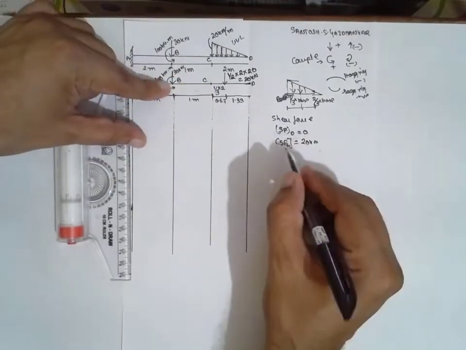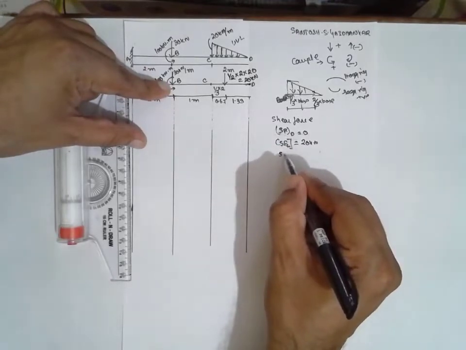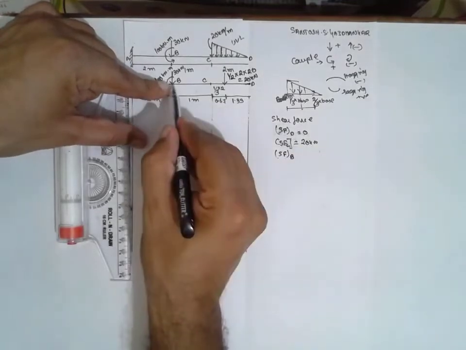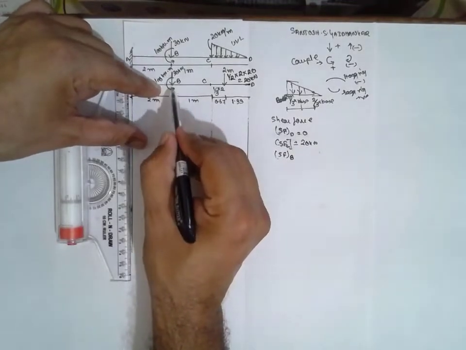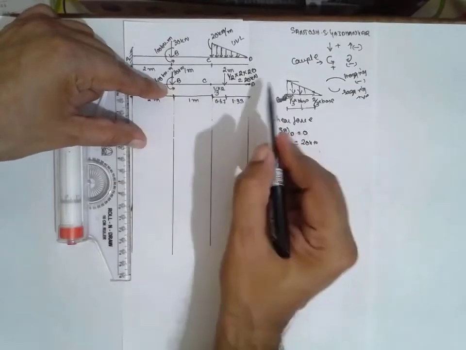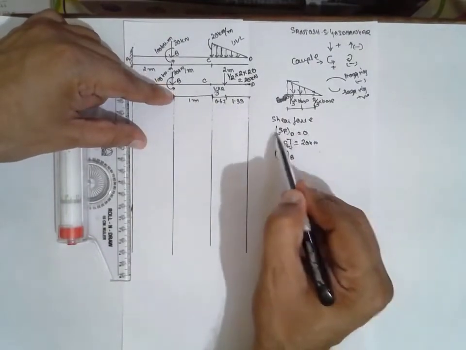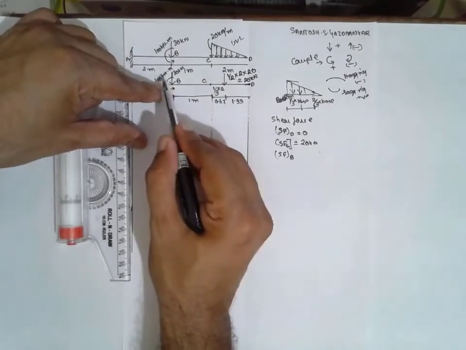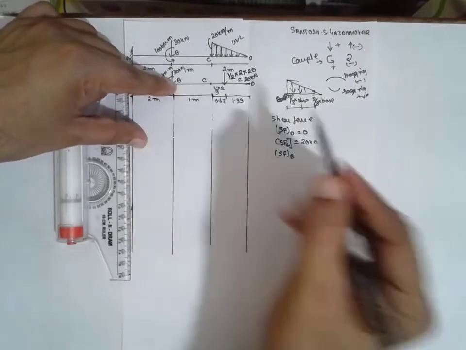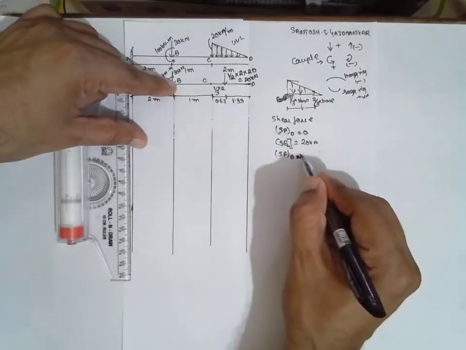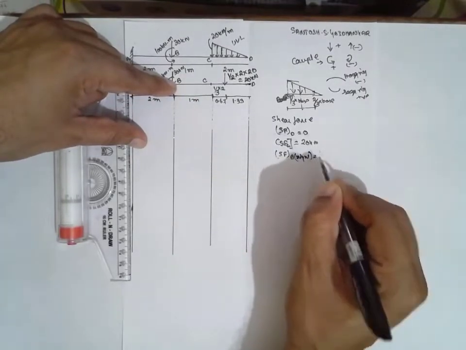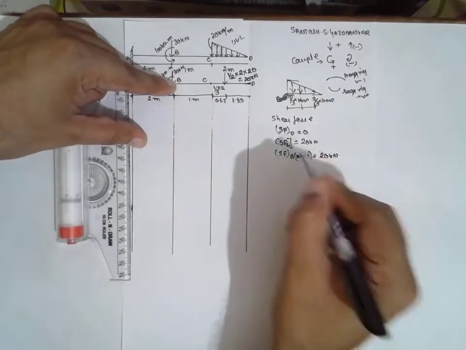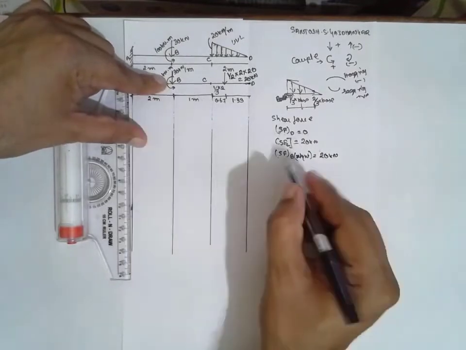Now shear force at B. Here you have to consider left and right because the load is acting at B. When there is no load, directly you can write a single digit. If the load acts, you have to take left and right. First I will consider the right, then it will be 20 kilonewton. Now I am considering the left, this side.